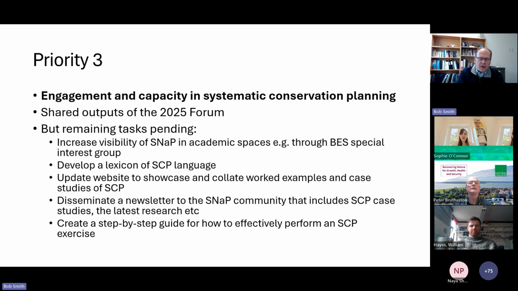We know that there's a need to increase the visibility of SNAP in academic spaces, to develop a lexicon of SCP language, update the website to showcase worked examples and case studies, disseminate a newsletter, and create a step-by-step guide for how to effectively perform an SCP exercise. We're in the process of doing some of those. Again, if you're interested in being involved, please get in touch, because we'll be able to move much faster the more people that we have involved.